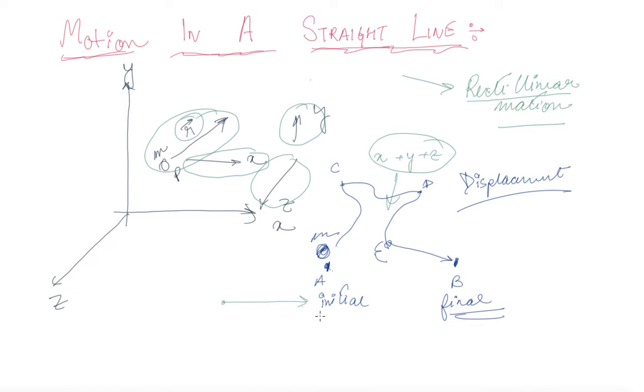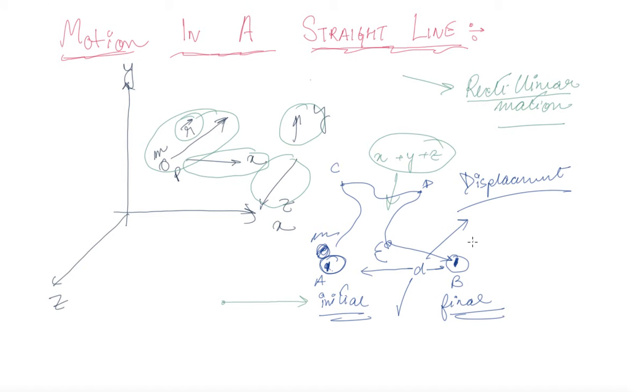When the term displacement comes, you will only be talking about where the initial position was and where the final position is. So the displacement is just this distance d. This is what is known as displacement.